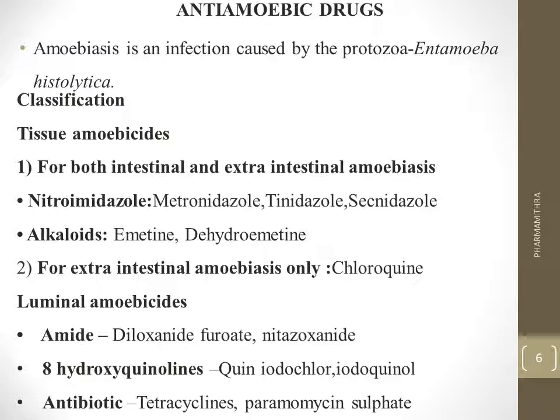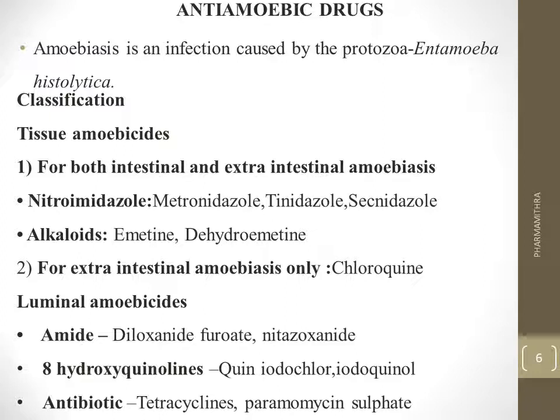Going to the antiamoebic drugs. Amoebiasis is an infection caused by the protozoa Entamoeba histolytica, and antiamoebic drugs can be classified into two categories, tissue amoebicides and luminal amoebicides. Tissue amoebicides act on both intestinal and extra-intestinal amoebiasis. They include the most important antiamoebic drug, metronidazole, which comes under the category of nitroimidazoles, and also tinidazole and secnidazole.